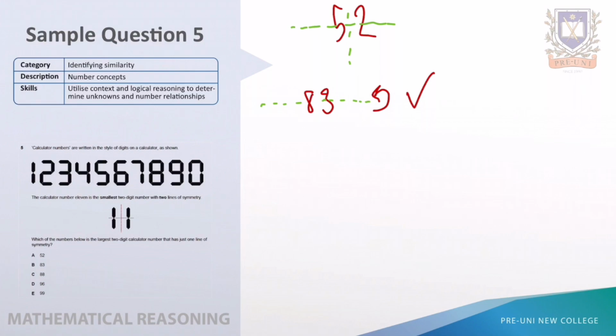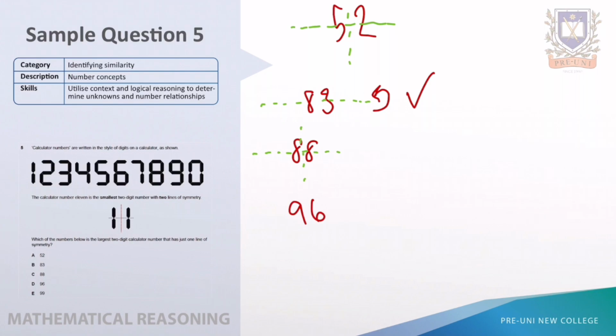To check, for option C, 88, there is symmetry in the horizontal axis as well as the vertical, because they are both the same number. So option C is incorrect, as there are 2 lines of symmetry, whereas we are looking for 1. In 96, for option D, there is no line of symmetry in these numbers.